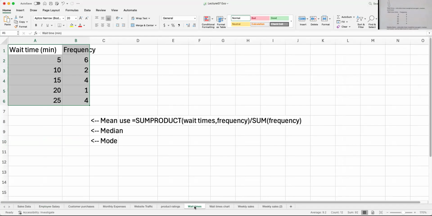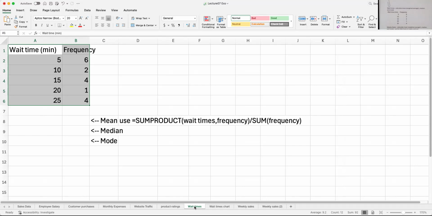But how many numbers are really on this list? There aren't just 5 numbers on this list. How many values are there really in my list of data? Felix? The total of the frequencies, right?